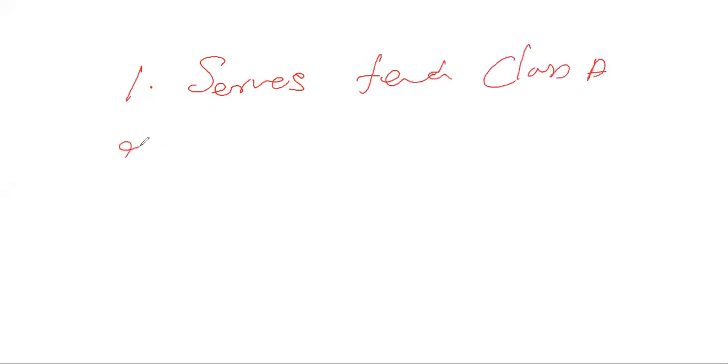Depending on the load configuration, we can categorize three different application types. The first one we will introduce as the series feed class A amplifiers. The second one we call the capacitor coupled class A amplifiers.